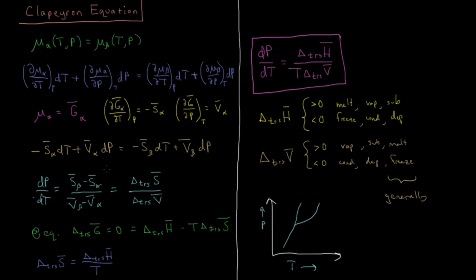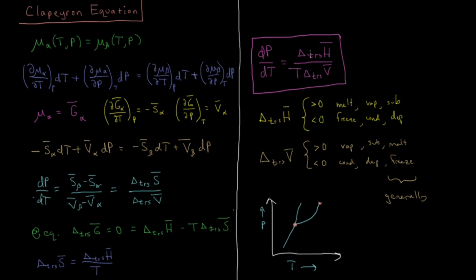The slopes of those are generally positive. And that's because these quantities generally have the same sign, and temperature, of course, is always positive in this regime here. But for water, water is a notable exception.